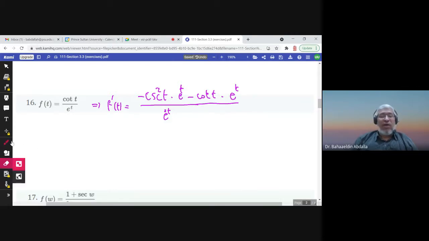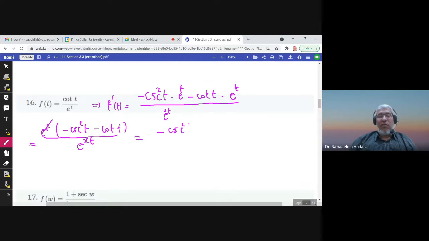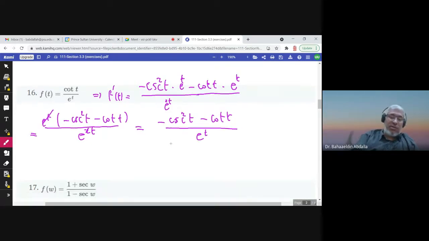Now I have e to the power t as a common factor in the numerator, and then negative cosecant square t minus cotan t, over e to the power 2t. So I can cancel this with one of these two, and the final answer would be negative cosecant square t minus cotan t, over e to the power t.